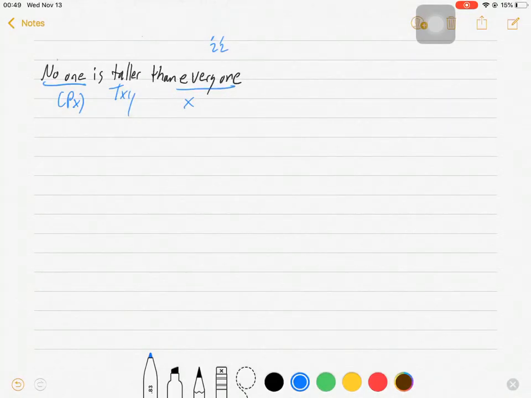And then the no one, well, you could translate it as an existential, but it's much better to translate it as a universal. And we would translate it as, for all of X, if X is a person, then it's not the case that there exists some Y such that Y is a person and X is taller than that Y.